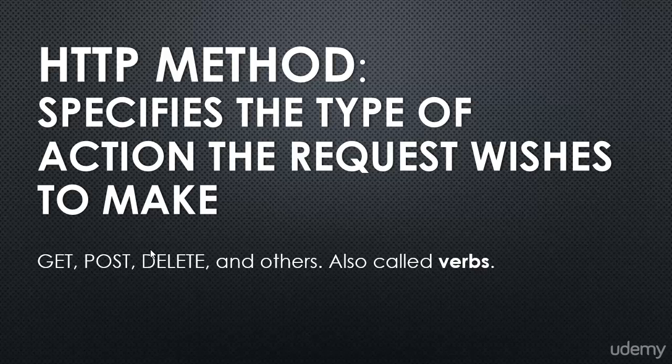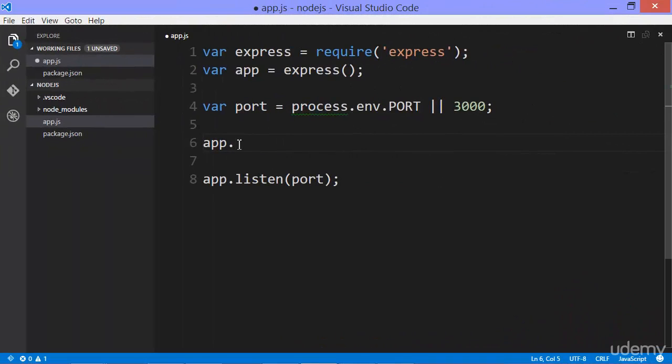And Express built in a way to then map what you see as the verb in the HTTP request to a particular function that you want to run when that request comes in. So on my Express app, I have access then to methods that are of the same name but lowercase. For example, app.get.